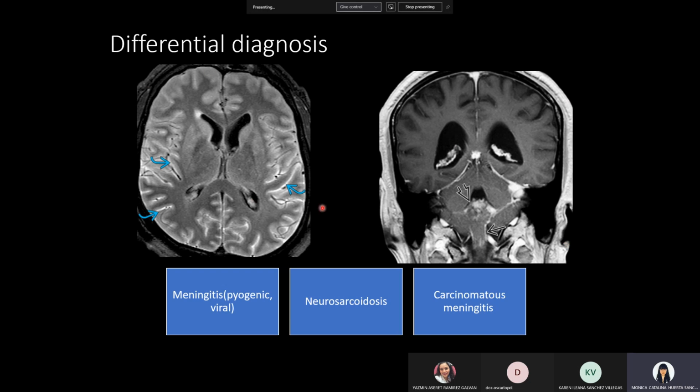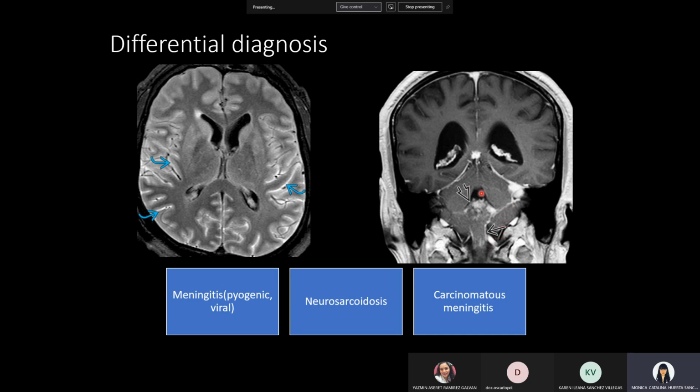Here we have an example of an axial FLAIR MRI in a 24-year-old patient with headache, fever, and vomiting that demonstrates an extensive high signal in the sulci due to pyogenic meningitis. And to the right, we see a coronal MRI that shows an extensive involvement of the fourth ventricle, choroid plexus, and also shows the pia of the medulla and the upper cervical spinal cord thickening and enhancing.